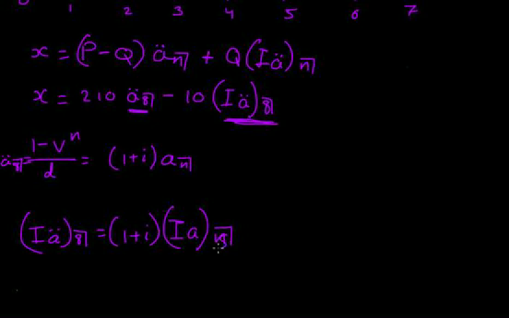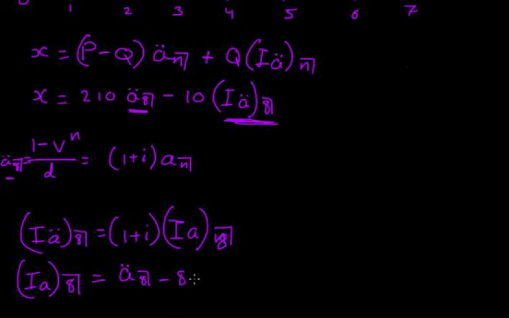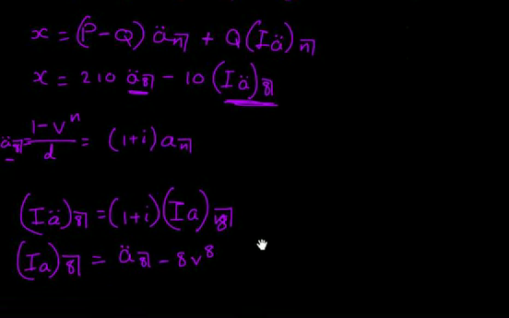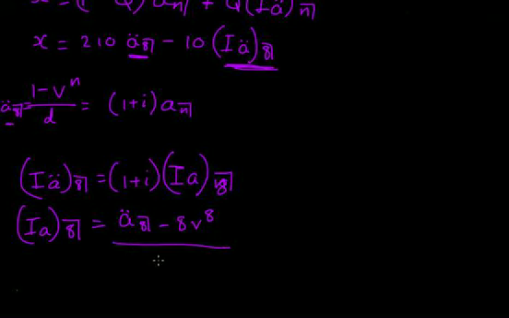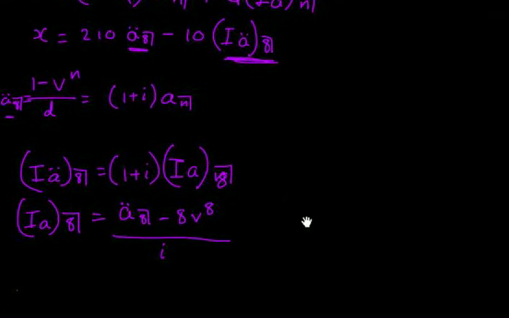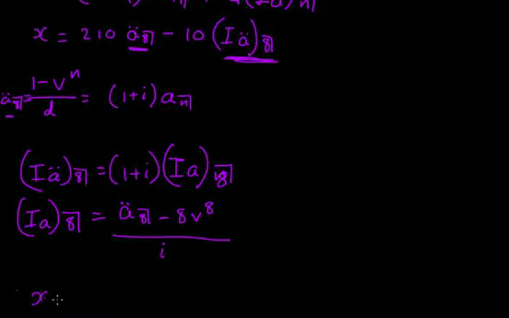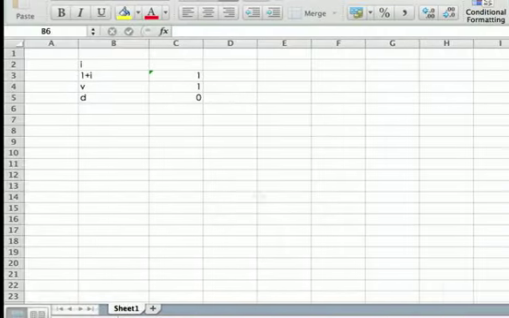So the increasing annuity, payment period 8, is equal to an annuity due, which is what we work out over here, minus 8v to the power of 8, divided by the interest rate, which is 0.07. I'll just make it i over there, and then we can work out the answer to find what x equals. So let's have a quick look at Excel.